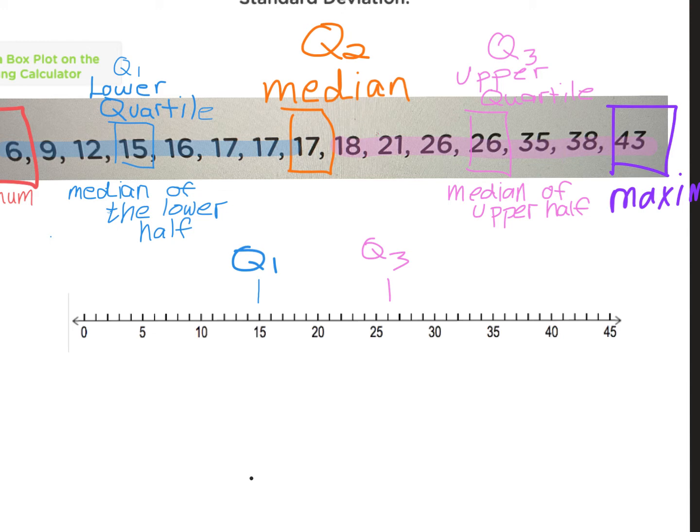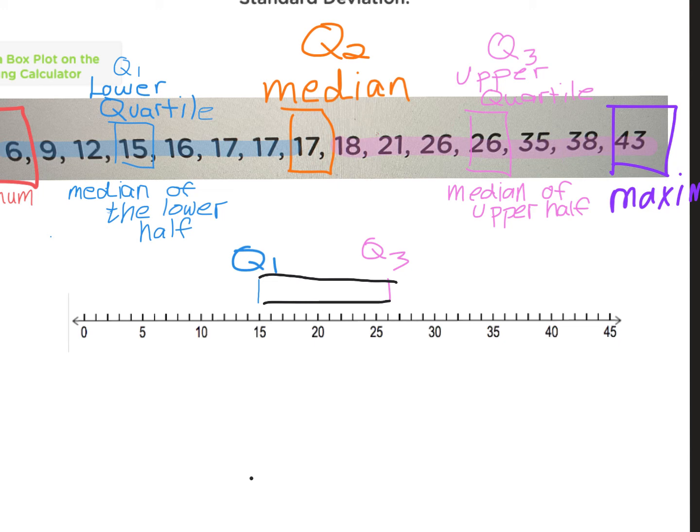So, and then we're going to connect it and actually make the box. And I'm a horrible artist. Hopefully your box looks a little better. If it doesn't, okay, you can grab another one up there, baby. So the left side of your box is your lower quartile. The right side of your box is the upper quartile.